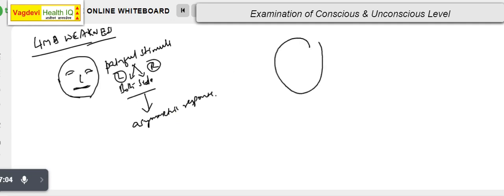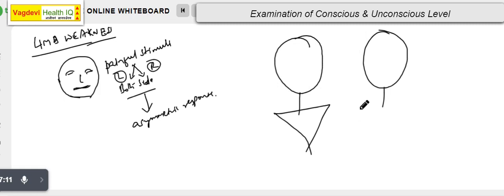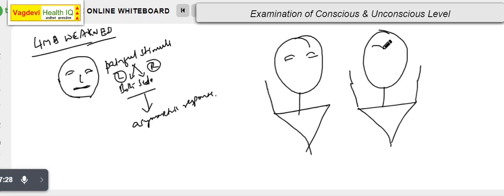A small 2 minutes of your time. Two patients. Let us say this is the upper limb. I will come to that later. Now what happened here? You gave supraorbital pain.